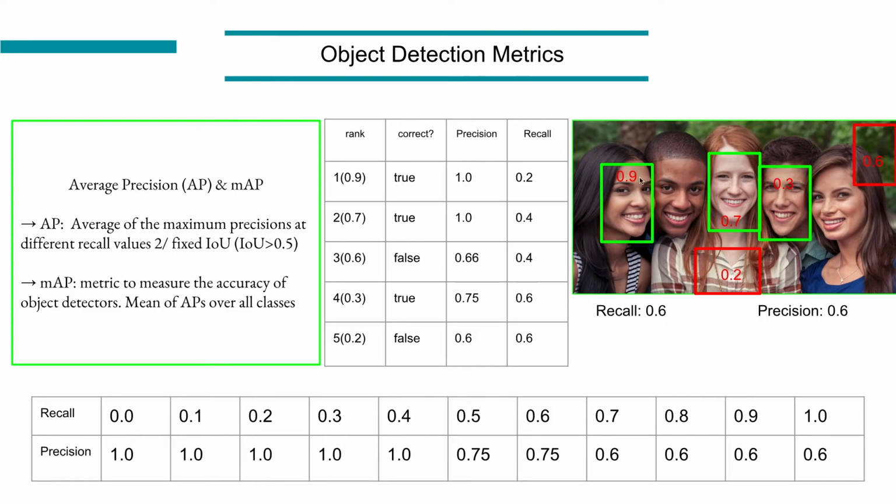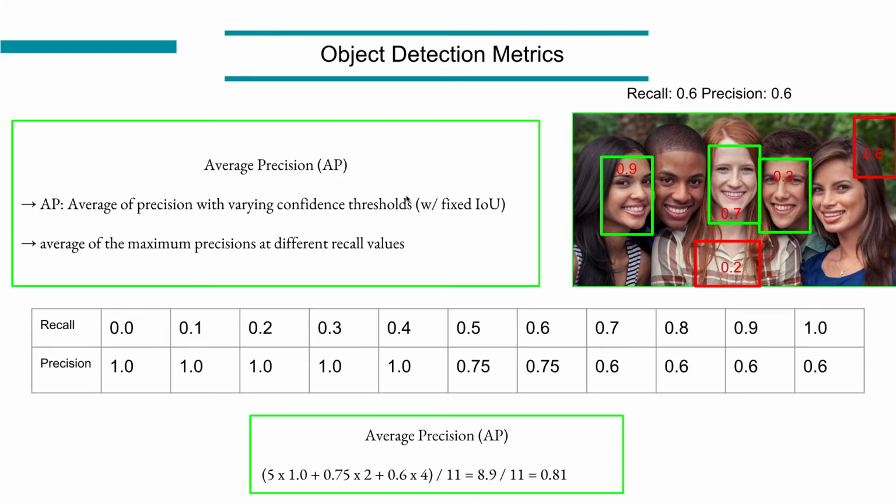Like this was detected at 0.9, so put it here in the first place. And this one's 0.7, 0.6, 0.3, 0.2. Okay, rank all your detections in terms of confidence score, and decide if each is correct or not.